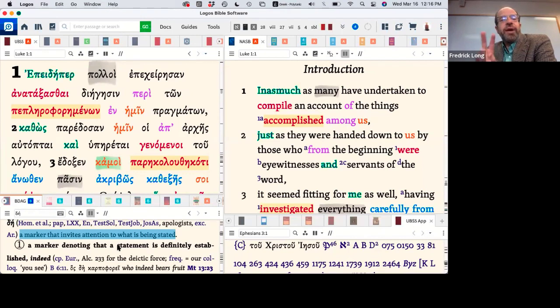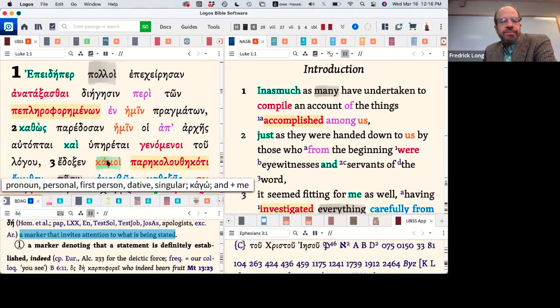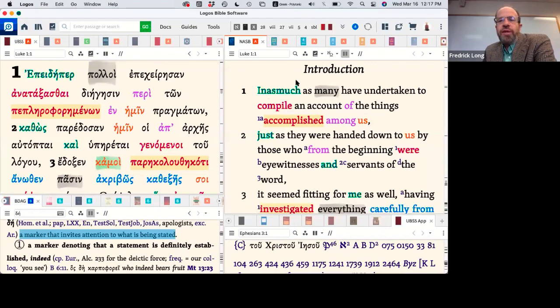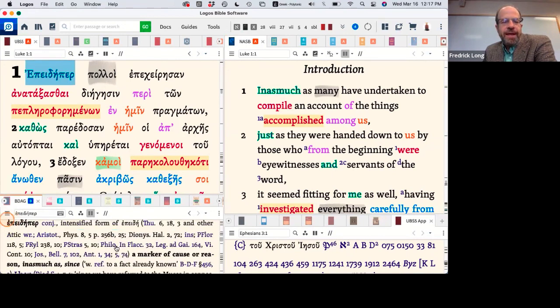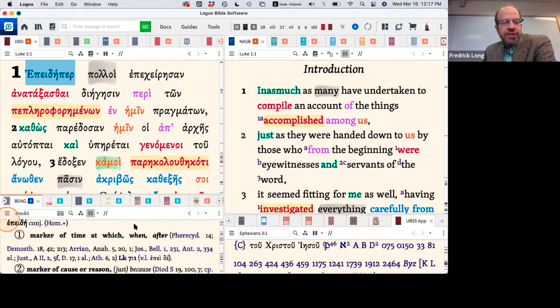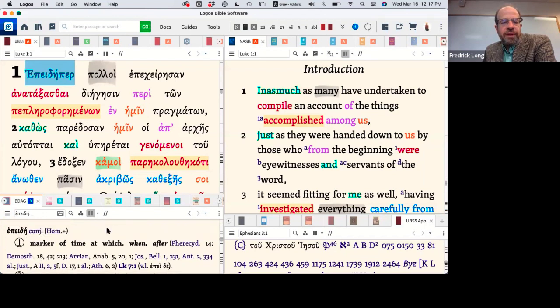So this is ramped up in two ways. Epeideper: since, because, but it's really more than that. Now it's interesting that this lexicon's translation, NASB, translated it as "in as much as." I don't know what to think about that. You can see that the lexical entry for epeideper is an intensified form of epeidei. So epeidei has its own lexical entry.